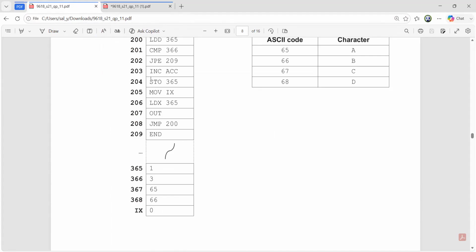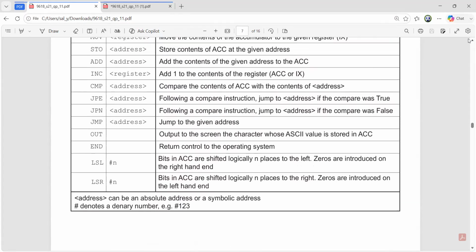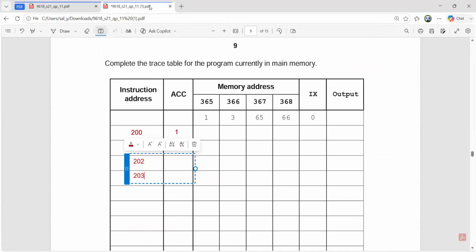And this 203 says INC ACC, which means increase the contents of ACC by 1. INC: add 1 to the contents of the register, ACC or IX. Since the instruction says increase ACC, that will be simply increasing the contents of ACC by 1, and it becomes a 2 here.